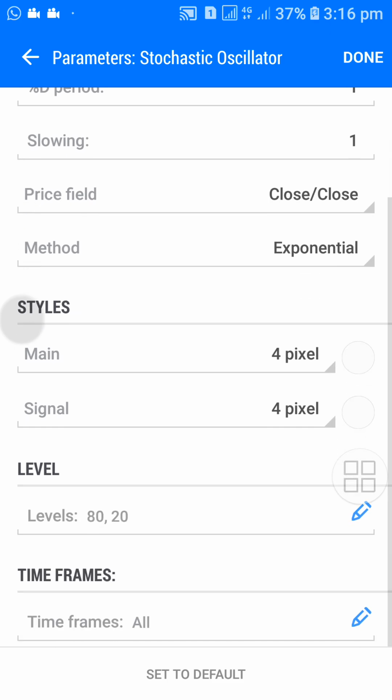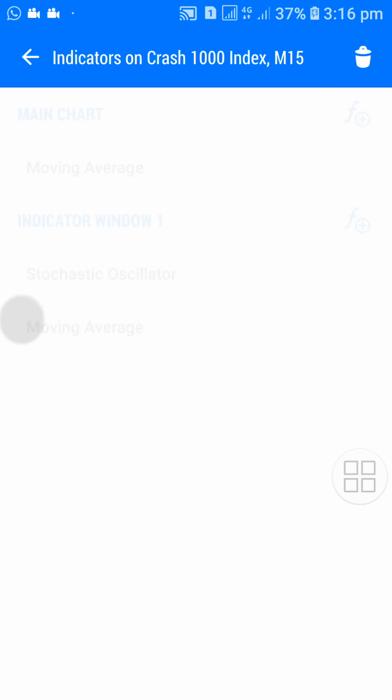The levels are 80 and 20. If you're doing boom, you want to buy from level 20 and sell from level 80. It's the opposite if you're doing crash: you want to sell from level 80 and buy from level 20.